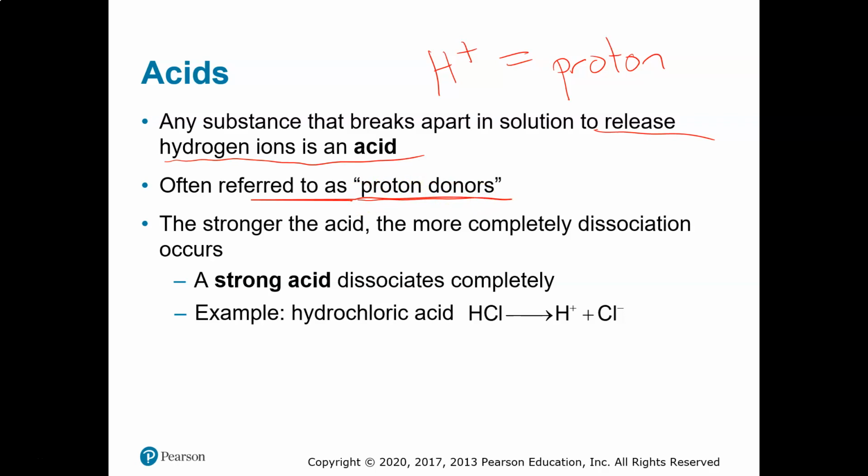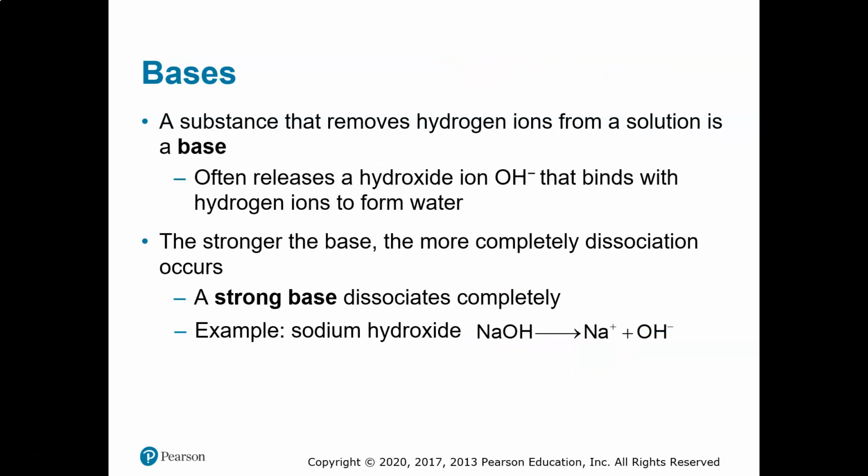A strong acid dissociates completely in solution, so hydrochloric acid dissociates completely into hydrogen ions and chloride ions when dissolved in water. If it removes hydrogen ions from solution, it is called a base.